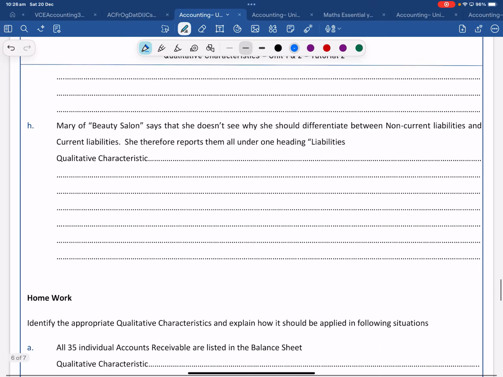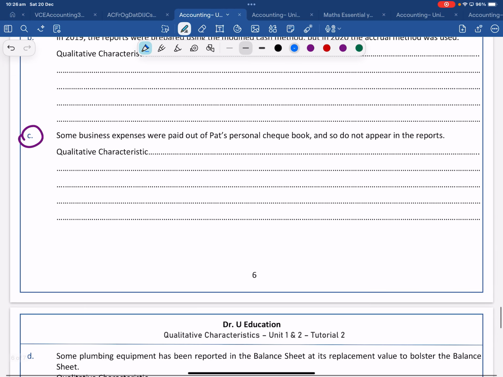Okay guys, next one. Some business expenses were paid out of Pat's personal checkbook, who is the owner, and so do not appear in the reports. What is the qualitative characteristic? Now you can think the other way as well.